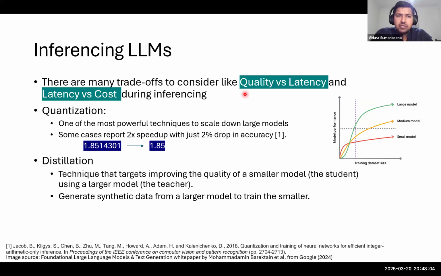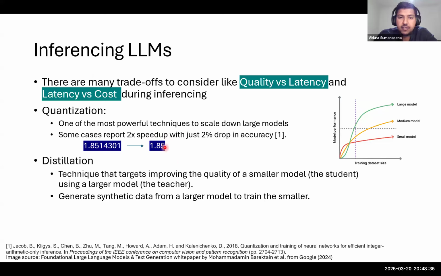One method of bringing down the size of these models is the idea of quantization. Quantization has been around for a long time, and it basically means that the parameters, or weights as we call them, will look something like this, and you round them off to a certain degree, just to save some bits.